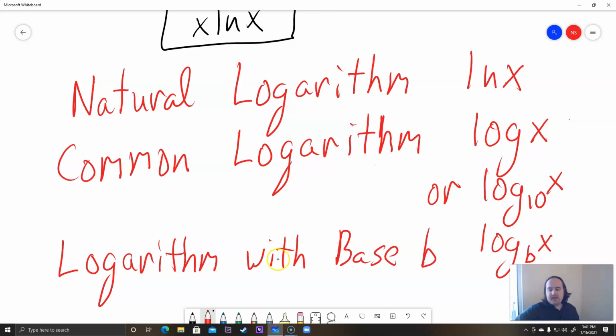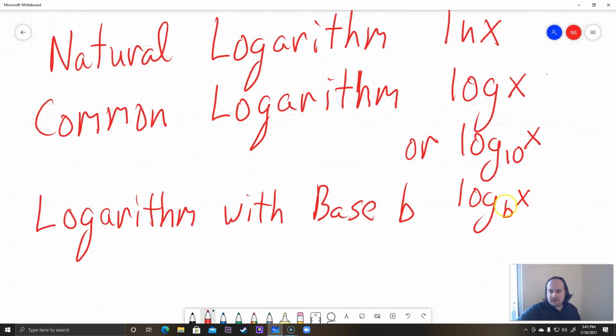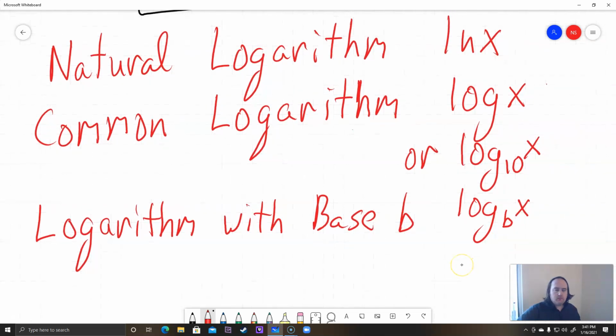Okay, so remember the base. The base is actually just this little number down the bottom right corner. So now common logarithms and logarithms with base b are going to both use the same formula. It's just with the common logarithm, the base is understood to be 10, so here b would be 10. Okay, so I'm just going to be covering the derivative of a logarithm with base b, since you can easily just apply that to log base 10.